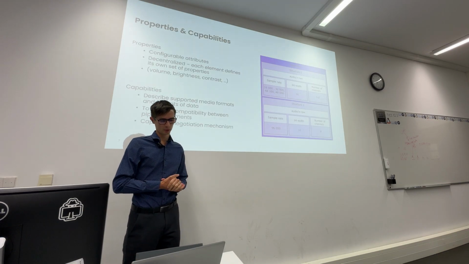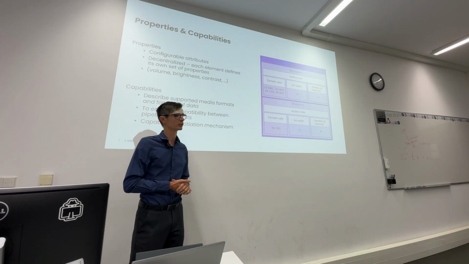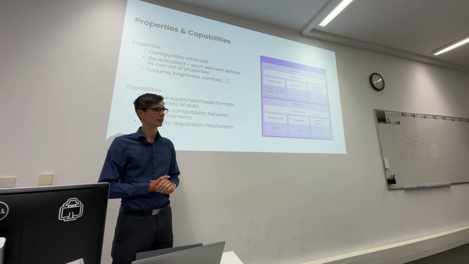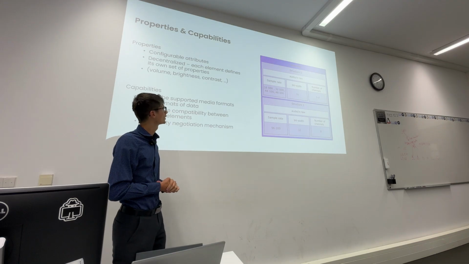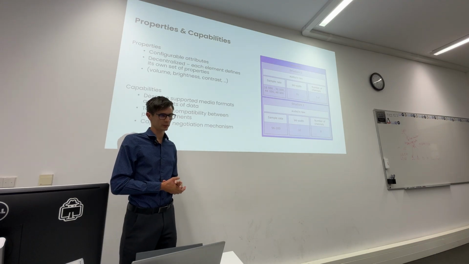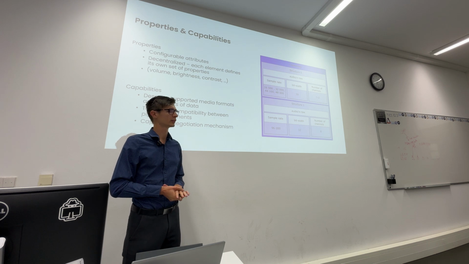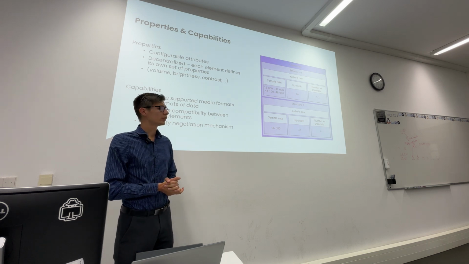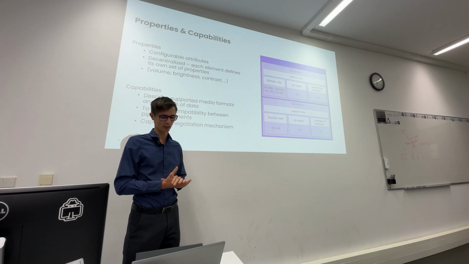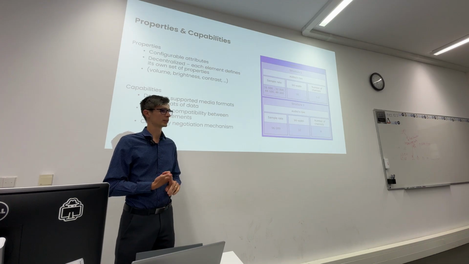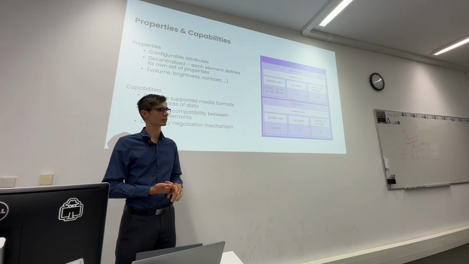Because in addition to properties, each element also has its own capabilities. The difference between properties and capabilities is that properties are configurable attributes that allow the application to configure the behavior and settings of these elements. For example, we can set a gain value for the gain element, but not for the audio sink or audio source.